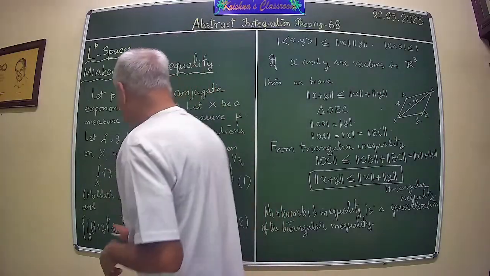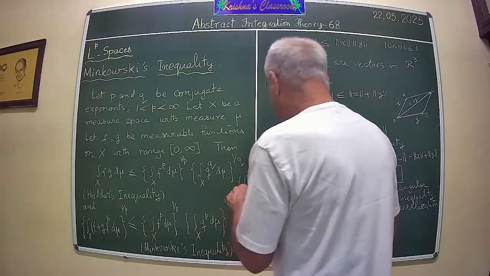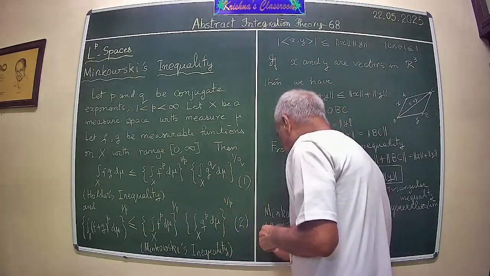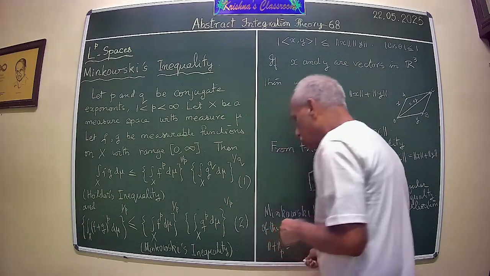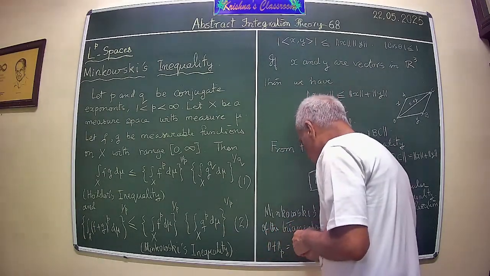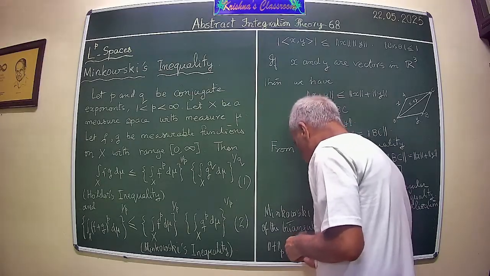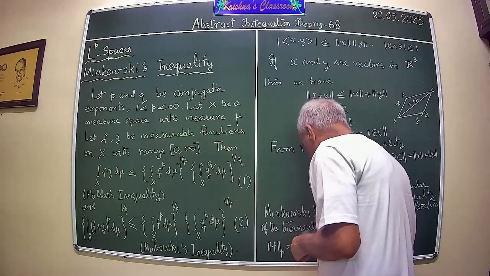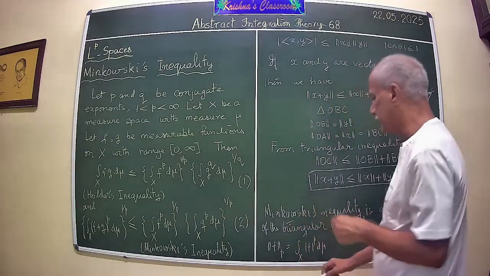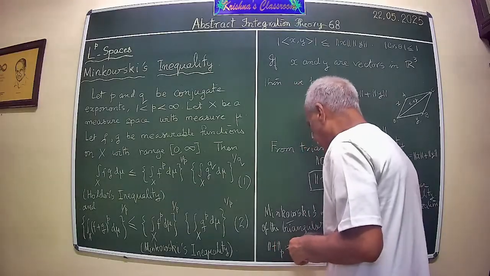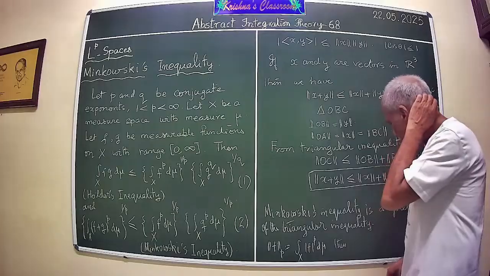So if you look at 2, what does this mean? This means possibly you can write, suppose this is defined like this, then we should have the following inequality.